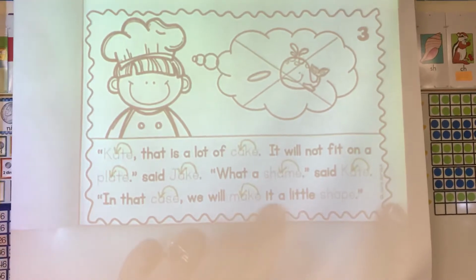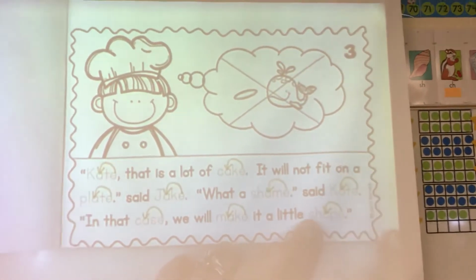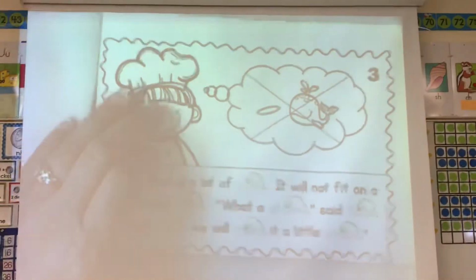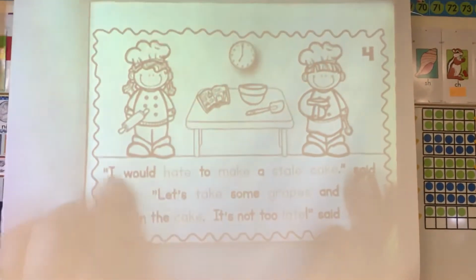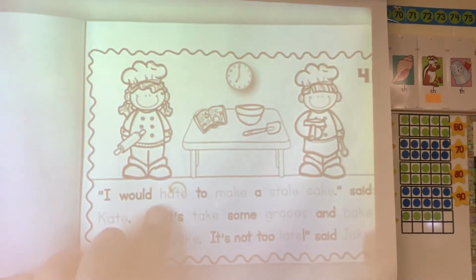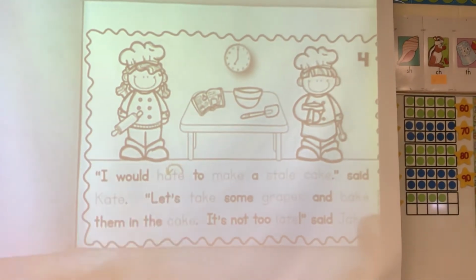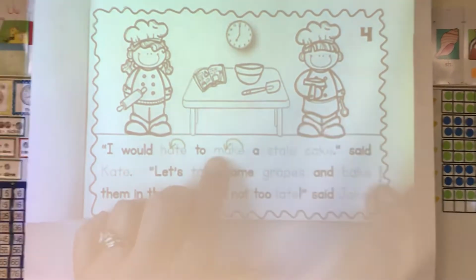Make it a little shape. Here we go. I would... Draw an arrow. Hate. To... Draw an arrow.